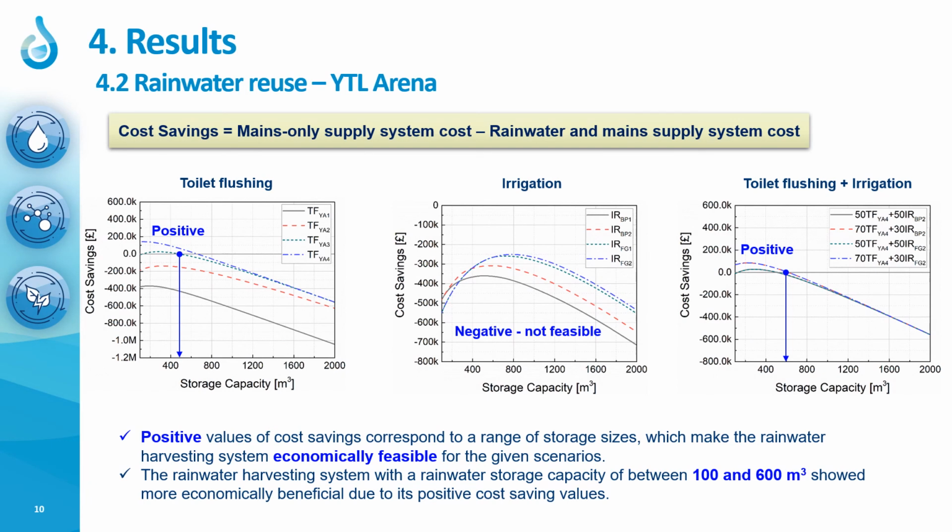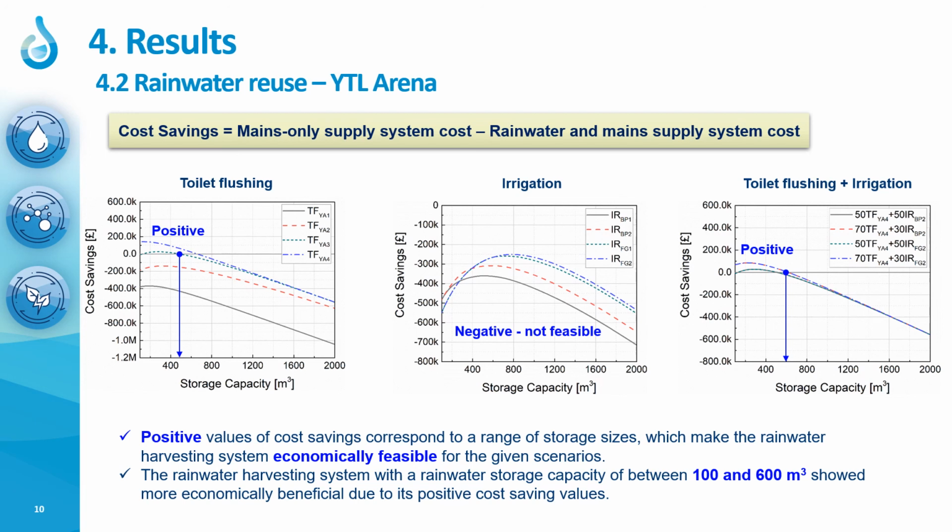Here is the result of the cost savings calculation. Cost savings were determined by the difference between the mains only supply system cost and the rainwater and mains water supply system cost.